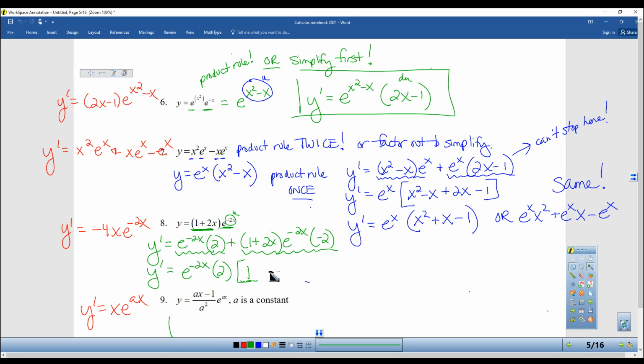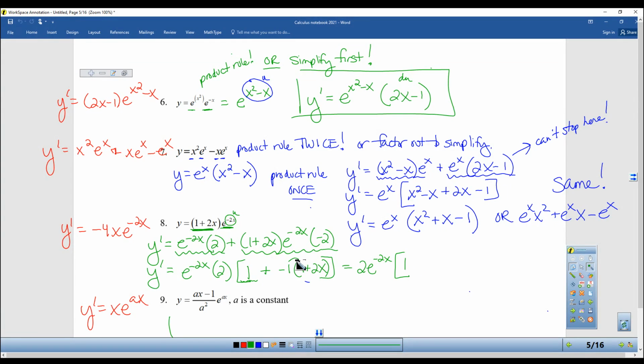So that's the first one. And on this one, I took out the e to the negative 2x. I took out the 2, but not the negative. So I'm left with negative 1 times, and I didn't take this out at all, 1 plus 2x. So I'm just going to rewrite the 2 out in front. And then this is 1.